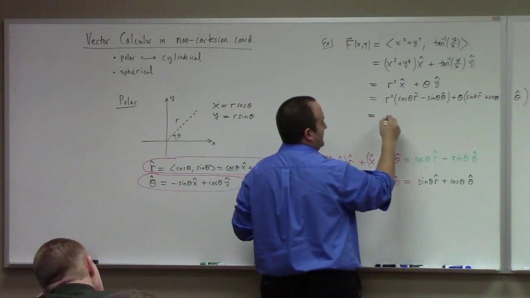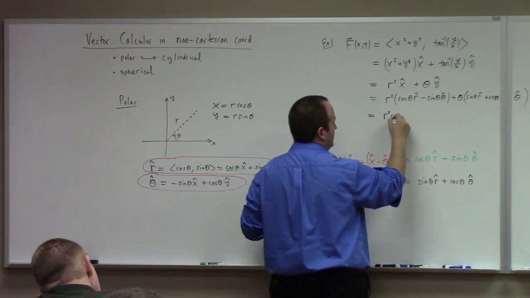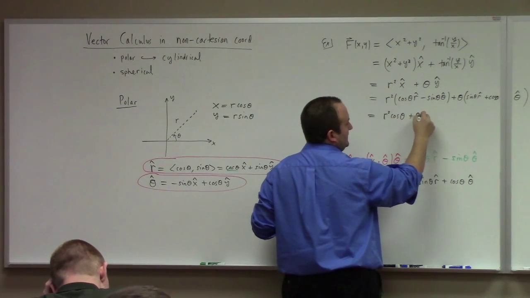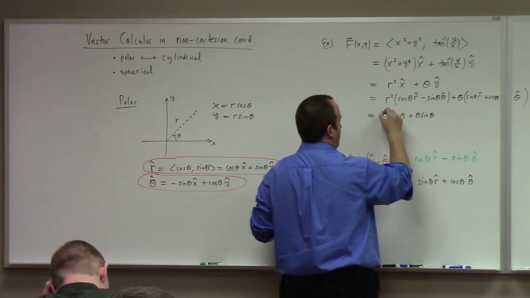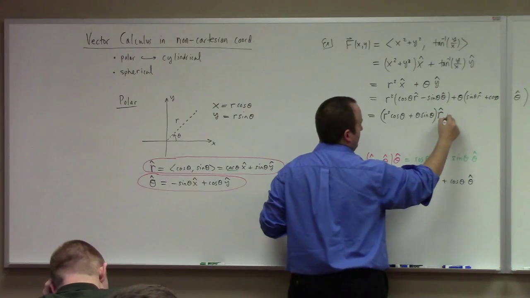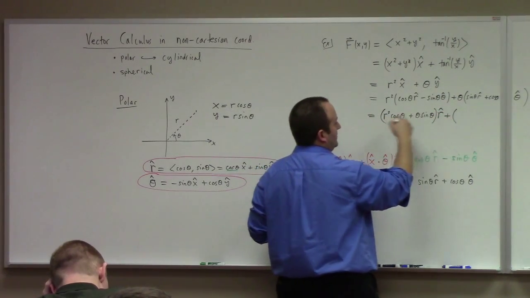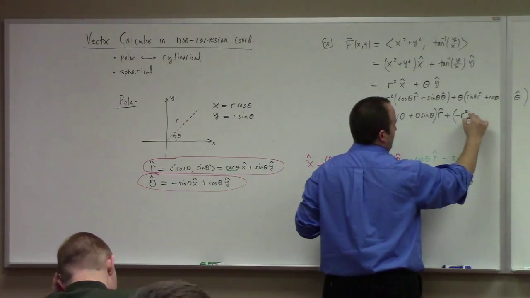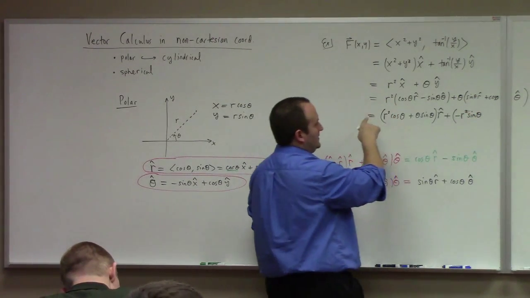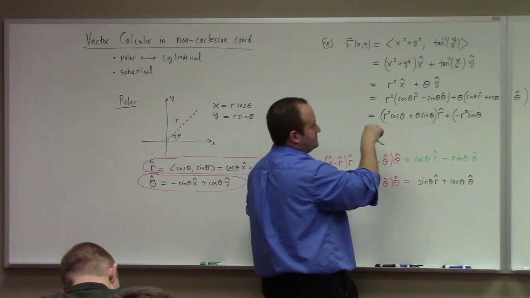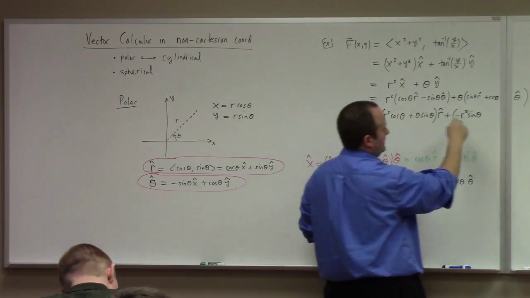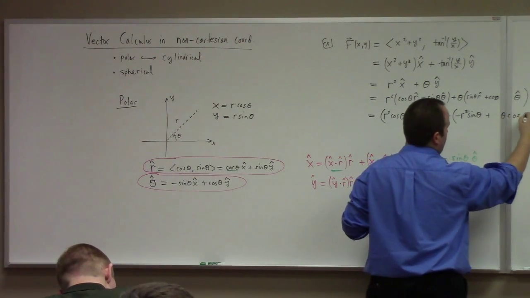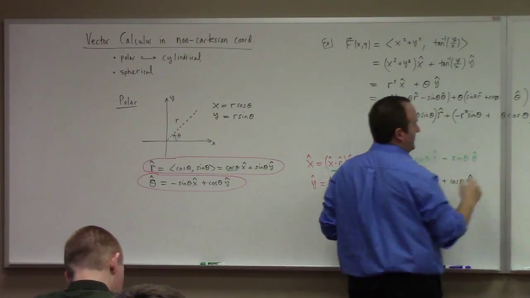So just to collect things together, I've got myself an r squared cosine theta plus r sine theta r hat plus parentheses, let's see here, what's the theta term? Minus r squared sine theta. What else do I have? Plus a r theta cosine theta theta hat, right?